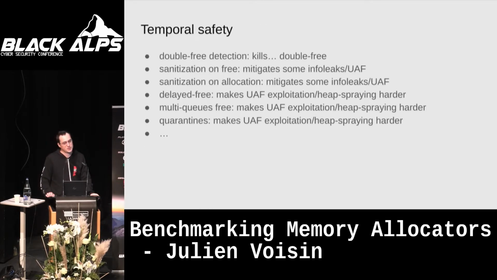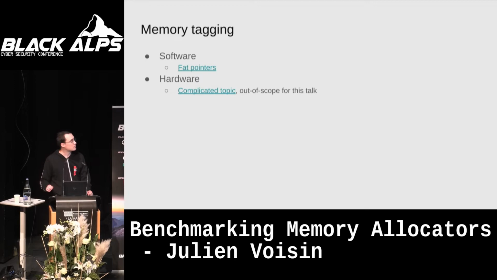Temporal safety. Here, the idea is that you're allocating maybe an object, and then you're freeing it, and then you're reusing it again. It's called a use after free. So it is like problems on a time scale instead of a spatial scale. So also various mitigations: quarantine, randomization, a lot of boxes to tick.